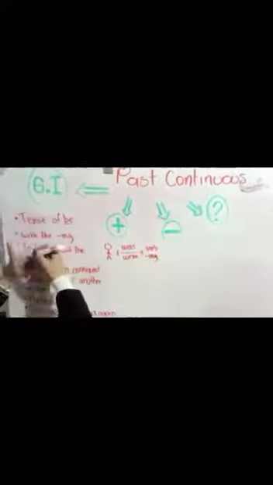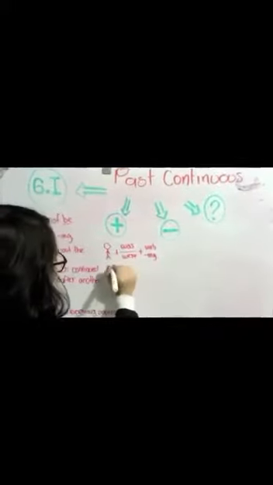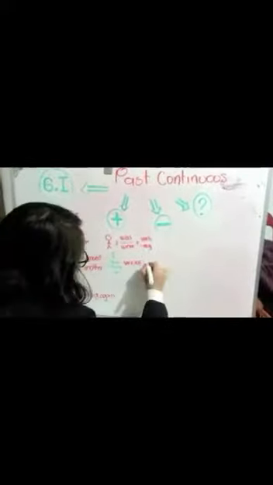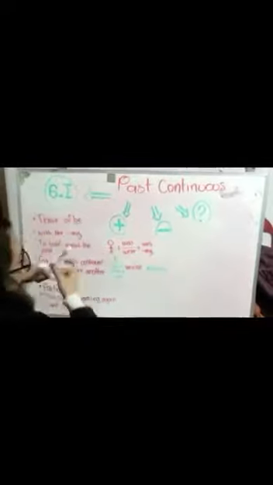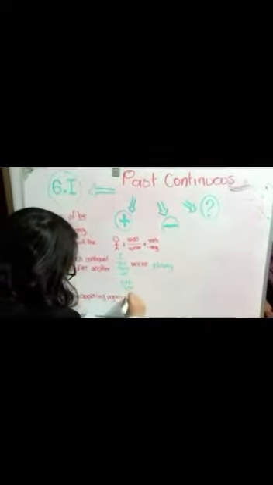For positive form, we use first subject plus was or were, verb ing. For example, for I, you, they, and we should use were and the verb in ing, for example, playing. And for she, he, and it, we use was and playing.